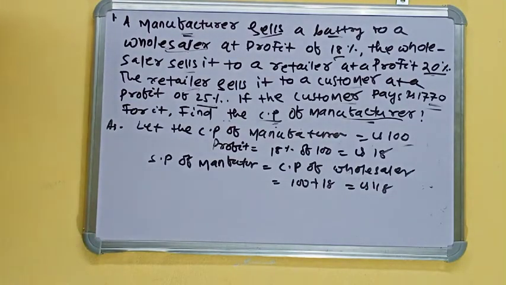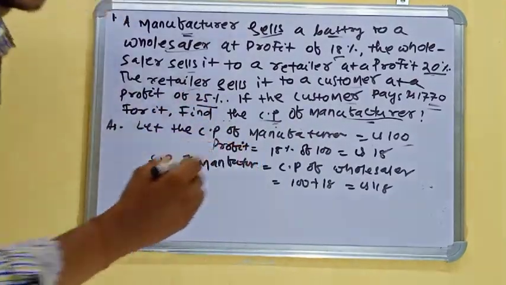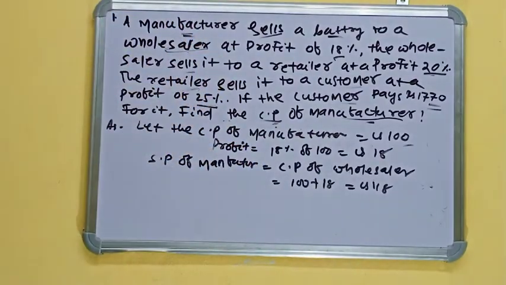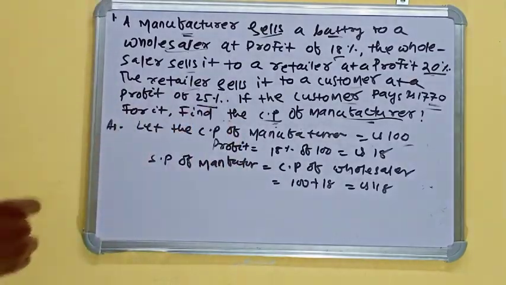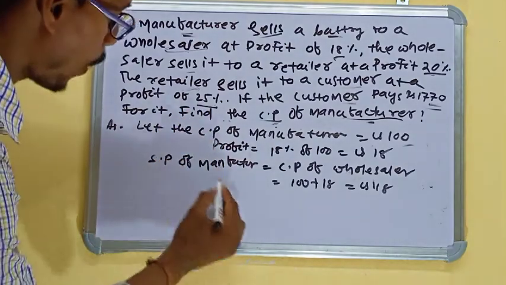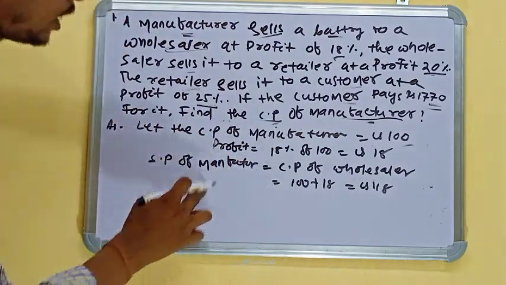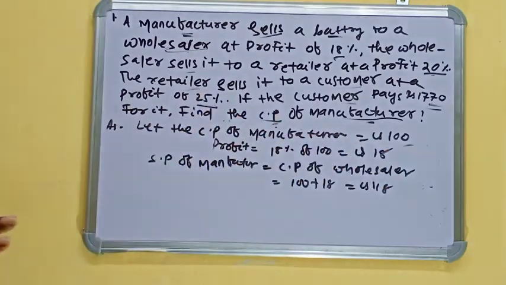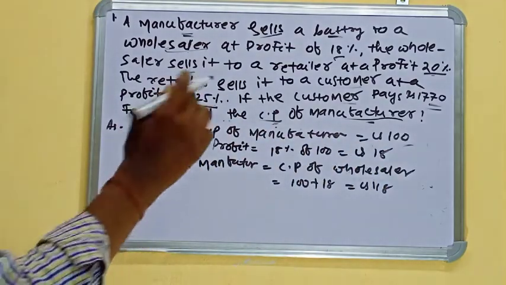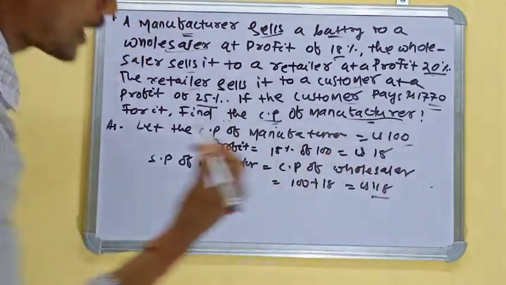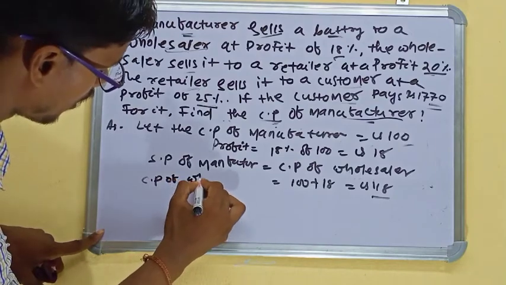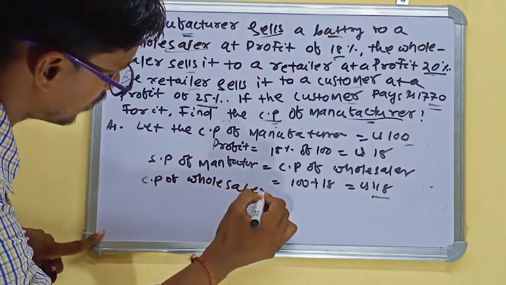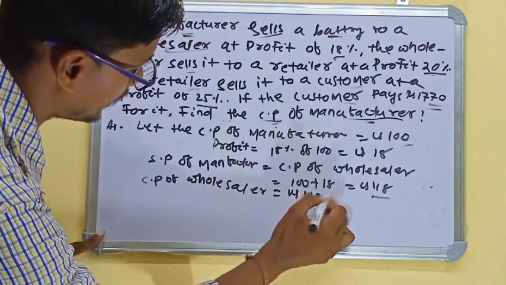The manufacturer sold it at which price, the wholesaler bought it at that price. So the SP of the manufacturer is equal to the CP of the wholesaler. Then the CP of the wholesaler is equal to rupees 118.